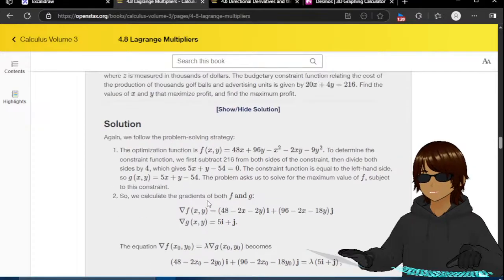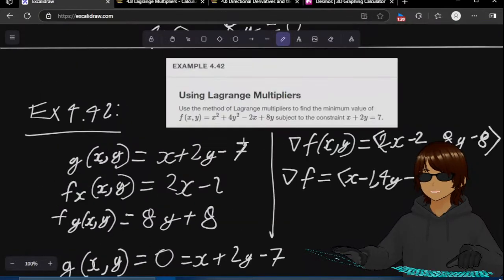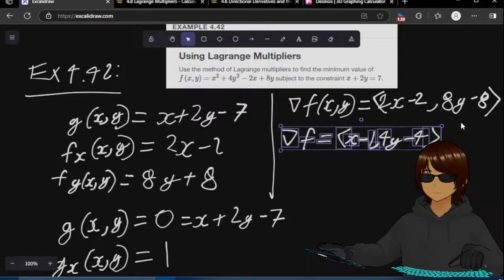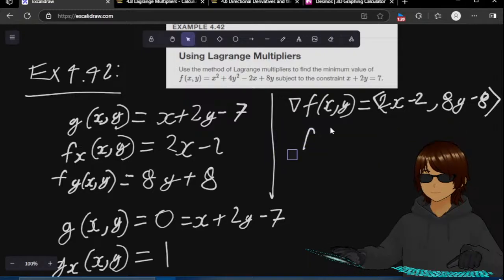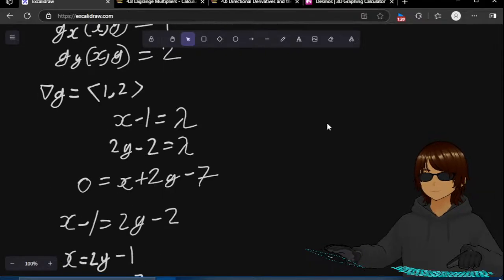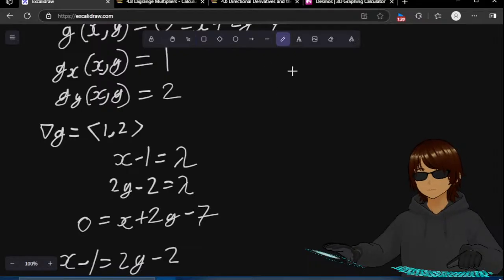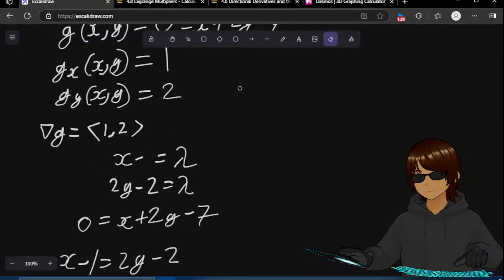Are we allowed to reduce the vector? No, I don't think what I did was right. This shouldn't be reduced. We keep it like this, then we find the multiplier.